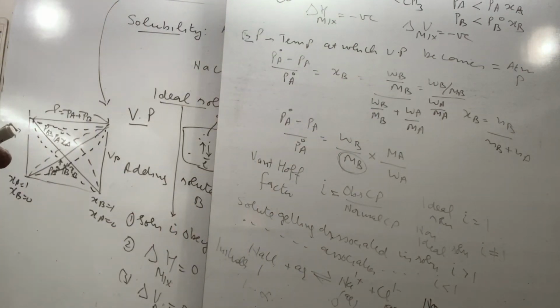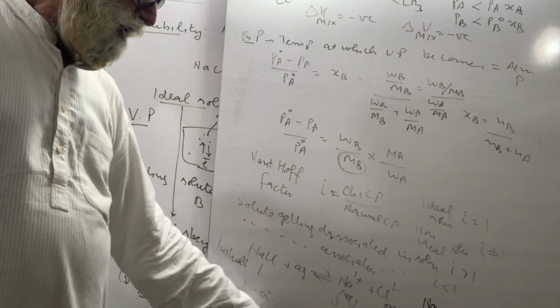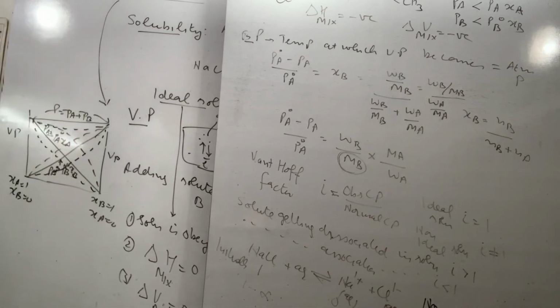Normal means, for example, for sodium chloride, the normal molecular mass is 58.5. Observed is something determined, that is 29. 58 over 29 is approximately 2. So this is the situation when the solute is undergoing dissociation.